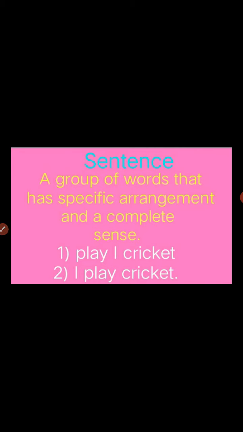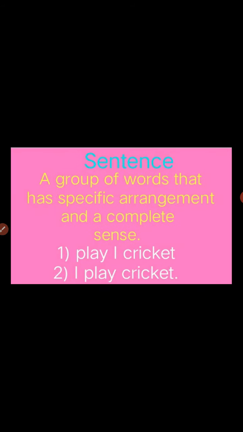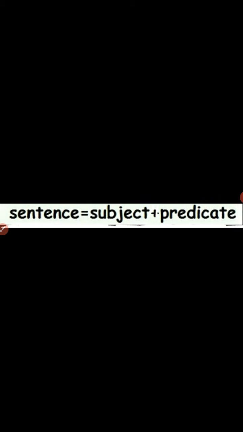Now let's come to our topic, that is subject and predicate. A sentence has two parts, that is subject and predicate. So we can say that subject plus predicate is equal to sentence, or sentence is equal to subject plus predicate.